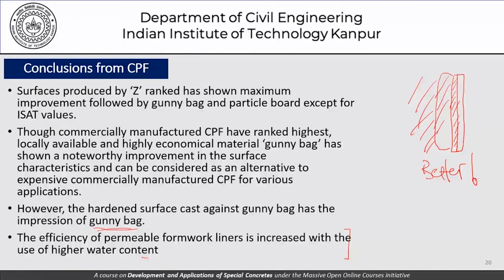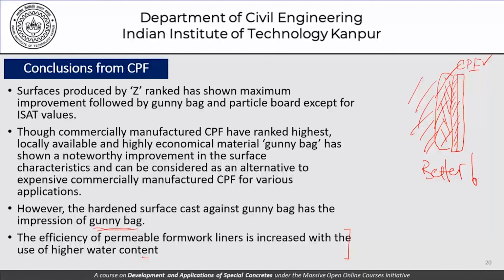These properties will be better if we have a CPF liner. Now, what CPF liner to use? Of course, the experimental study that I showed you showed that the commercially available CPF liner is the best, but the gunny bags, for example, did not prove to be too bad an option, especially if you want to consider the economics of the operation as well.